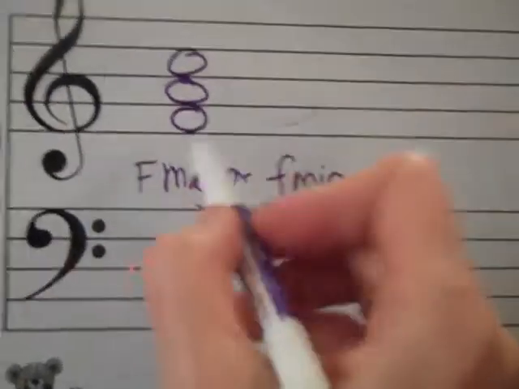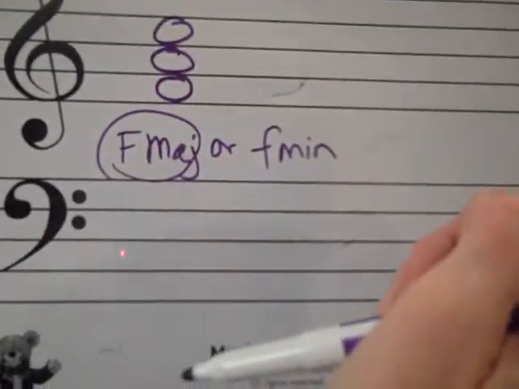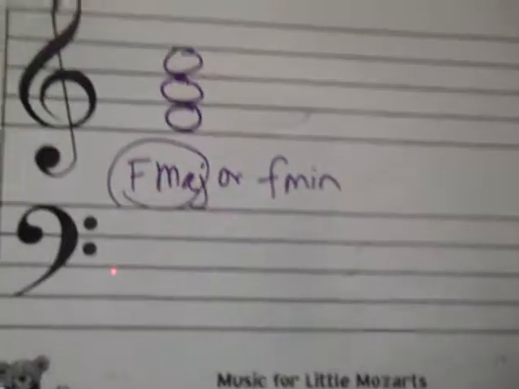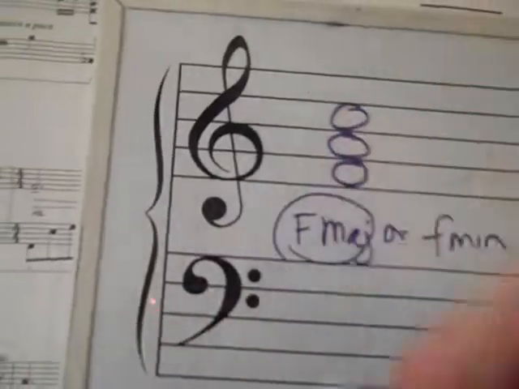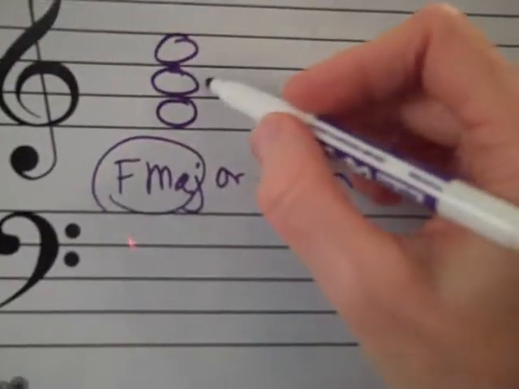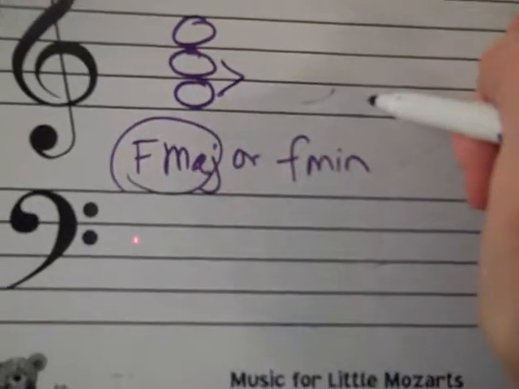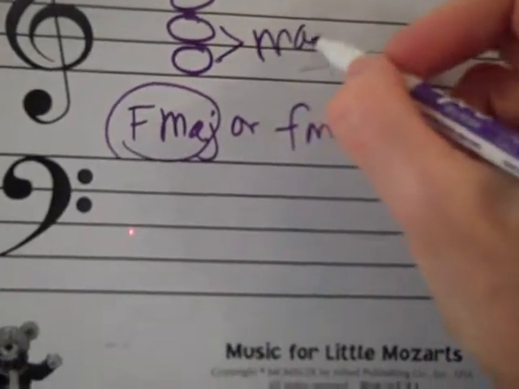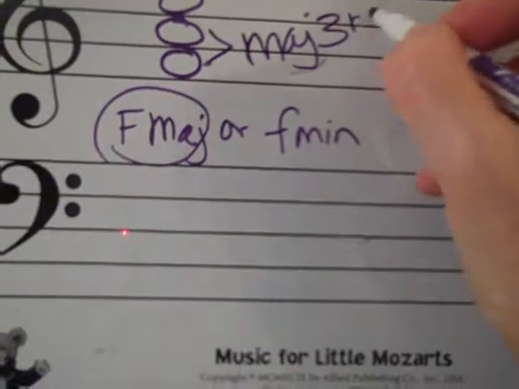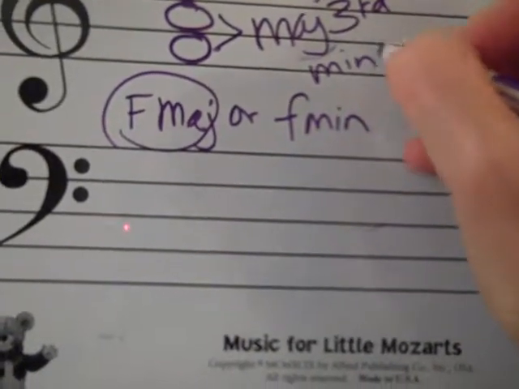And your job would be to circle F major as the correct answer. So the important part is to look at this bottom interval and to see whether you have a major third or a minor third.